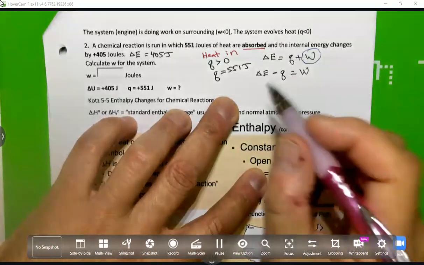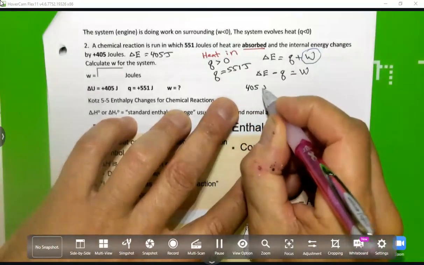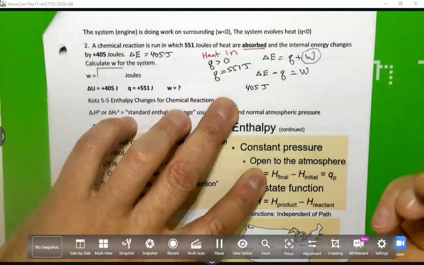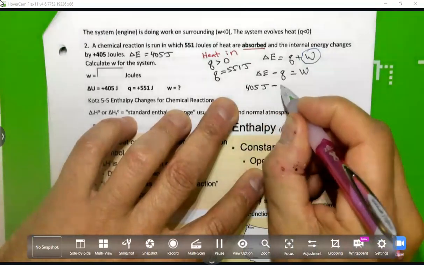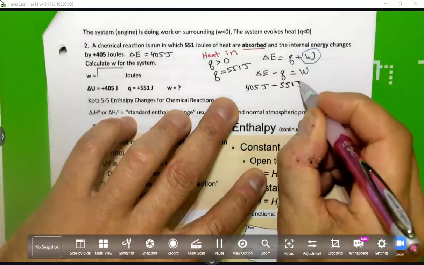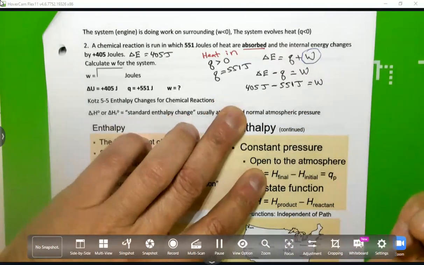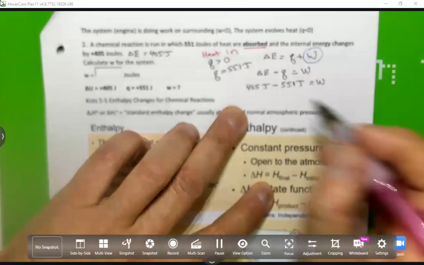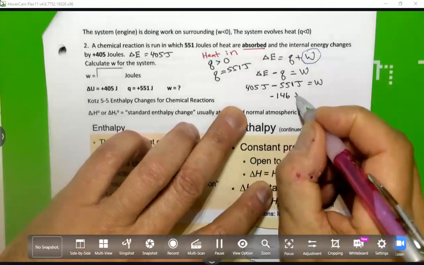So my change in energy is 405 joules, minus 551 joules for my heat. So my work done is negative 146 joules.